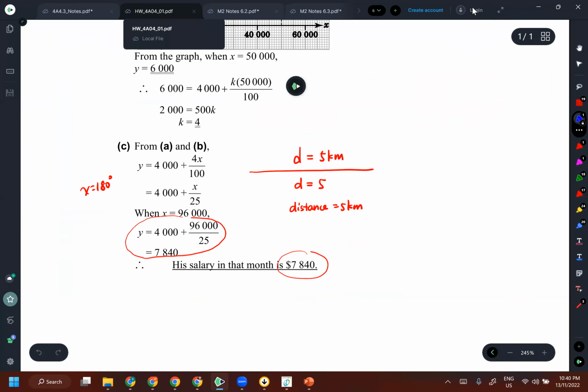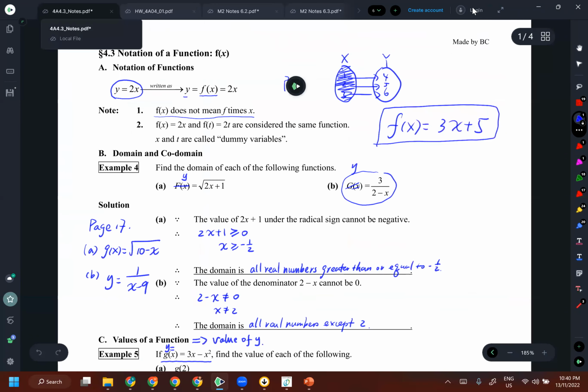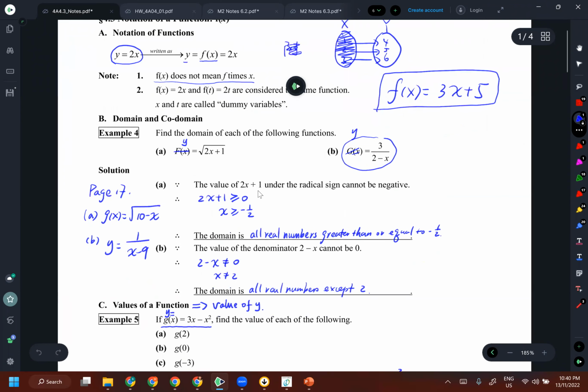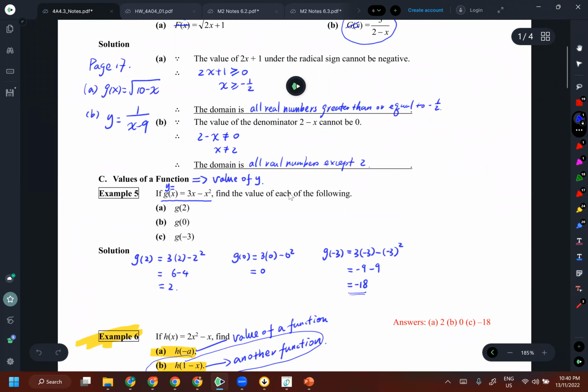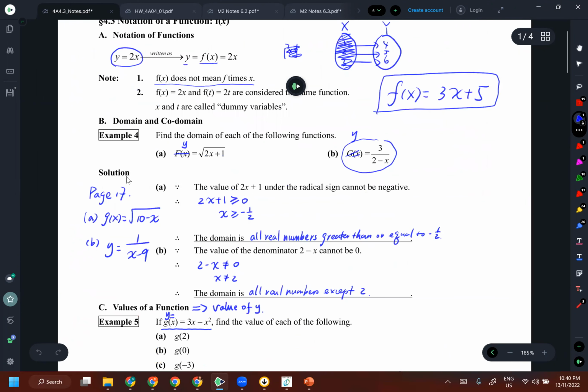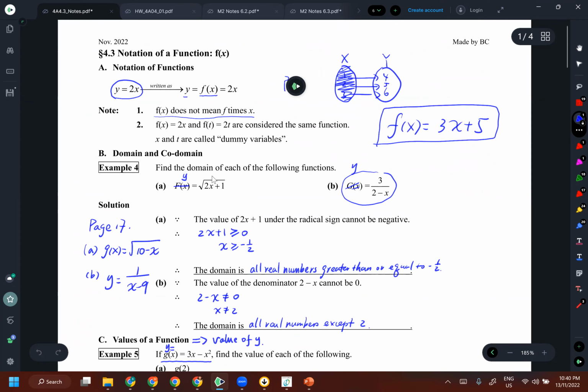I think it's here. Sorry, I couldn't find it. Now, in the earlier part of this lesson, 4.3, on your notes, page 7, you can find another question requiring the domain. You see, like example 4, find the domain.